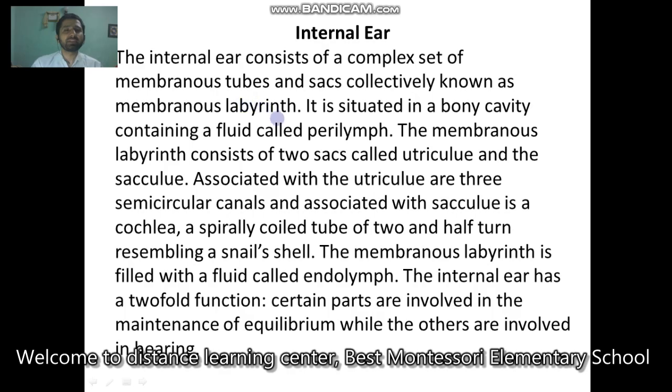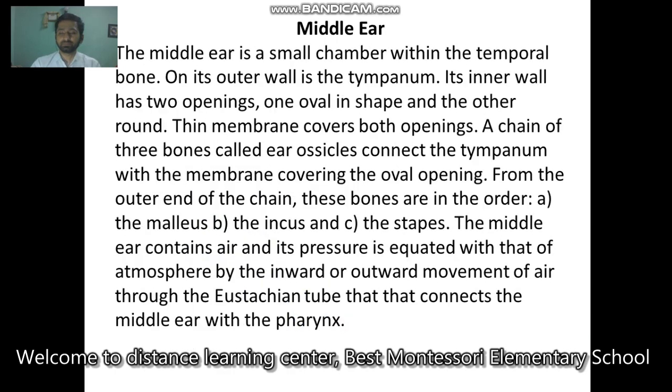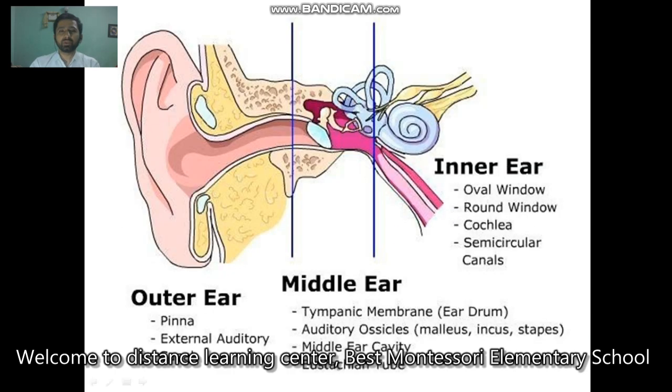The membranous labyrinth consists of two sacs, the utricle and saccule. The utricle is associated with the three semicircular canals, and the saccule is associated with the cochlea.